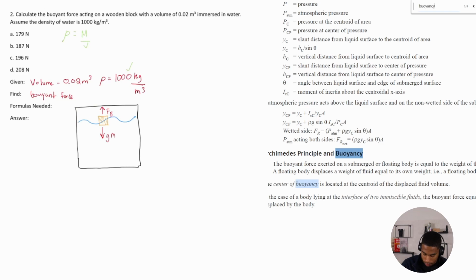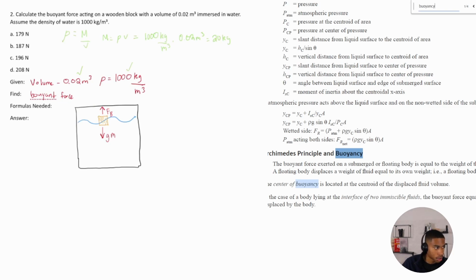We have our volume here. So our mass is equal to density times the volume, which is equal to 1,000 kilogram per meter cubed times 0.02 meters cubed, which is going to give us 20 kilograms.